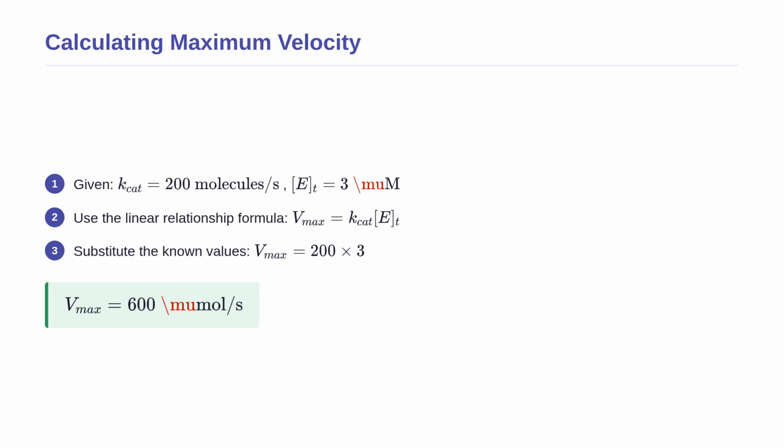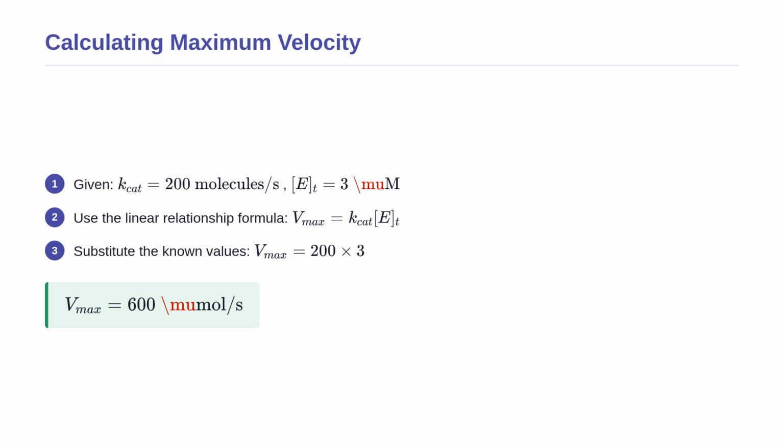Let us see this linear relationship in action with a biological reactor. We're using an enzyme with a turnover number of 200 molecules per second. Our total enzyme concentration is 3 micromolar. We need to find the maximum theoretical speed.